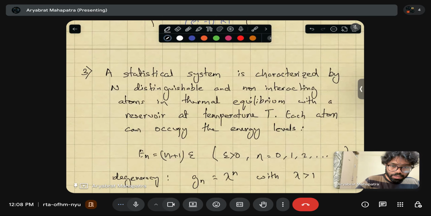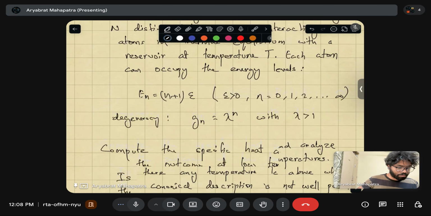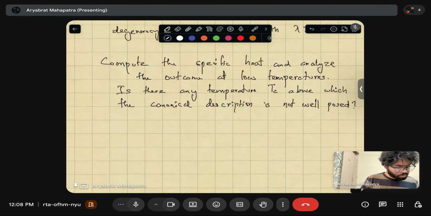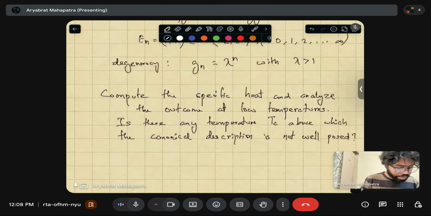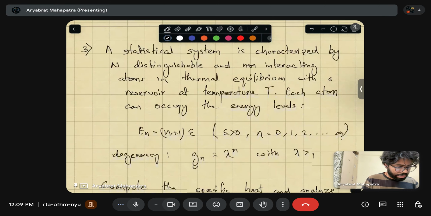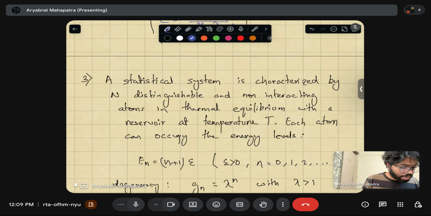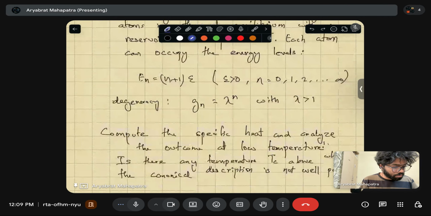Yes, that's a good point. I'm talking about just a classical system, so they are distinguishable.